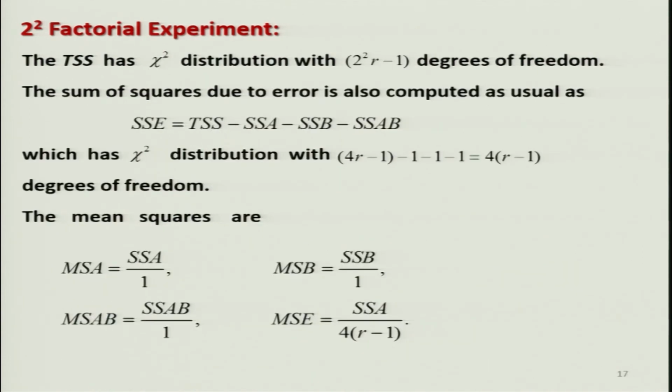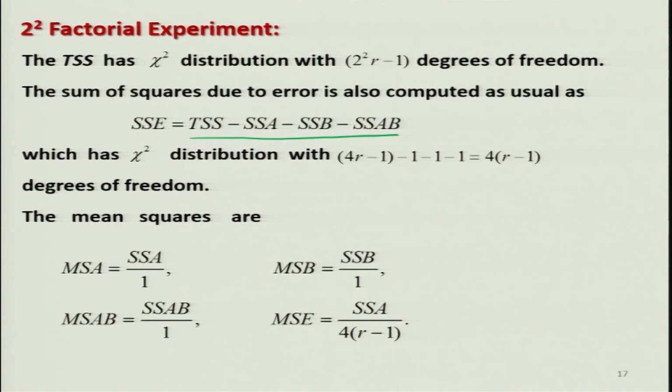Now, how are you going to find out the SSE? The sum of squares due to error is obtained, as we have discussed, by subtraction, that is TSS minus SSA minus SSB minus SSAB, so that the Fisher-Cochran theorem holds true.